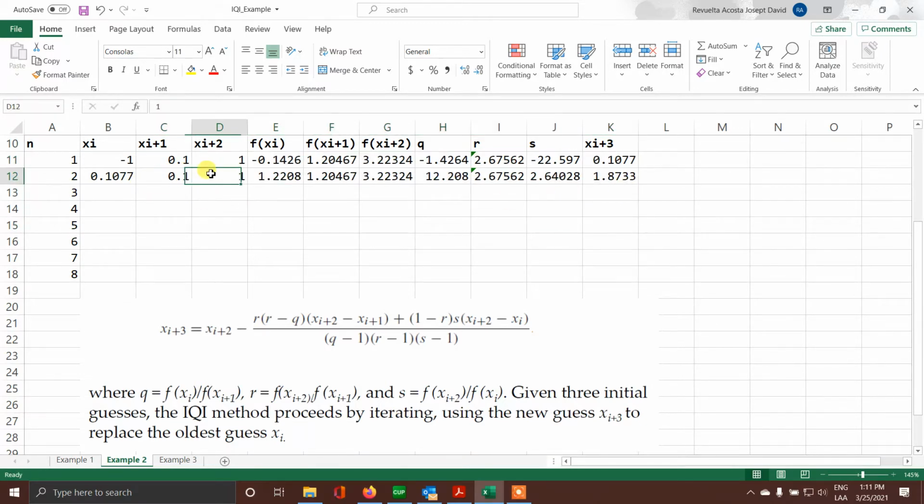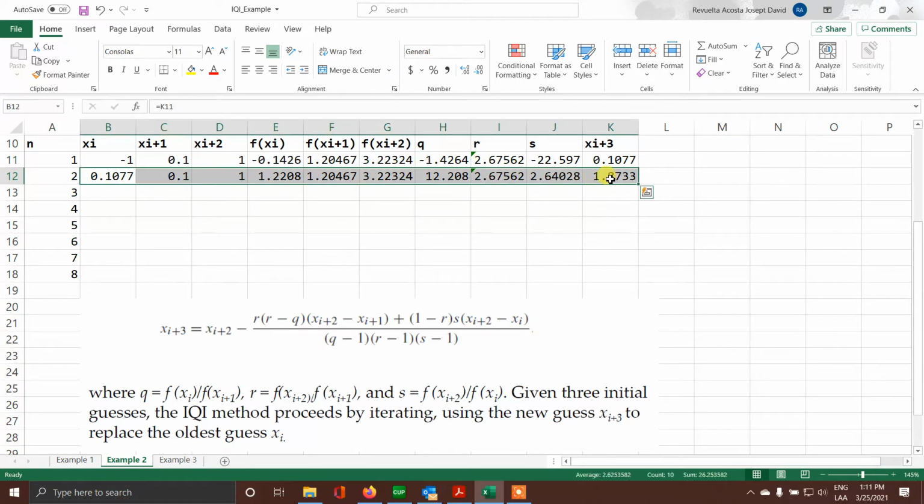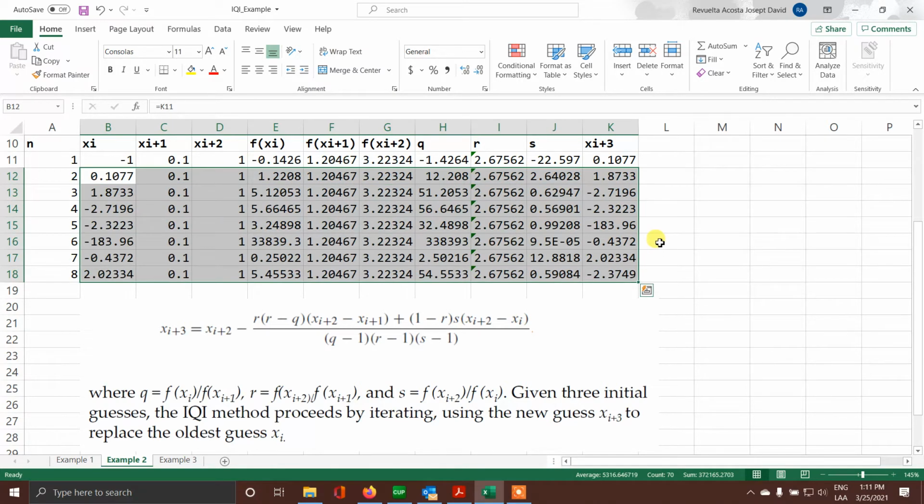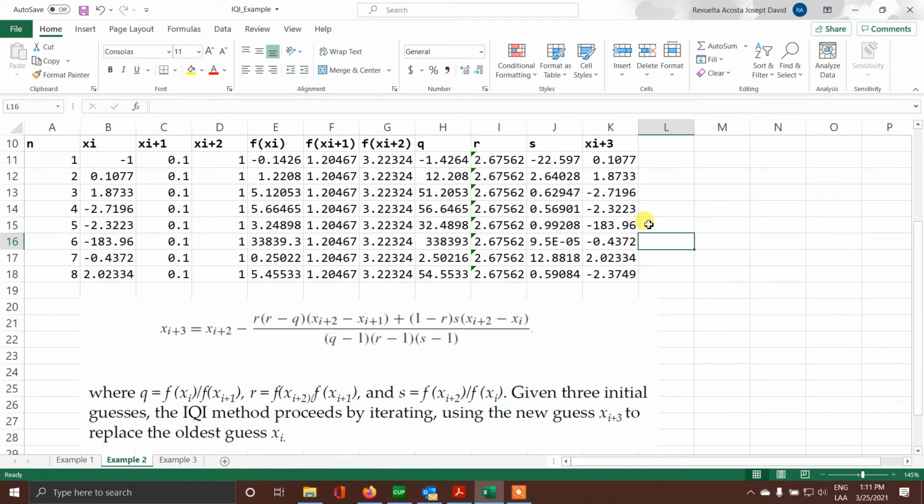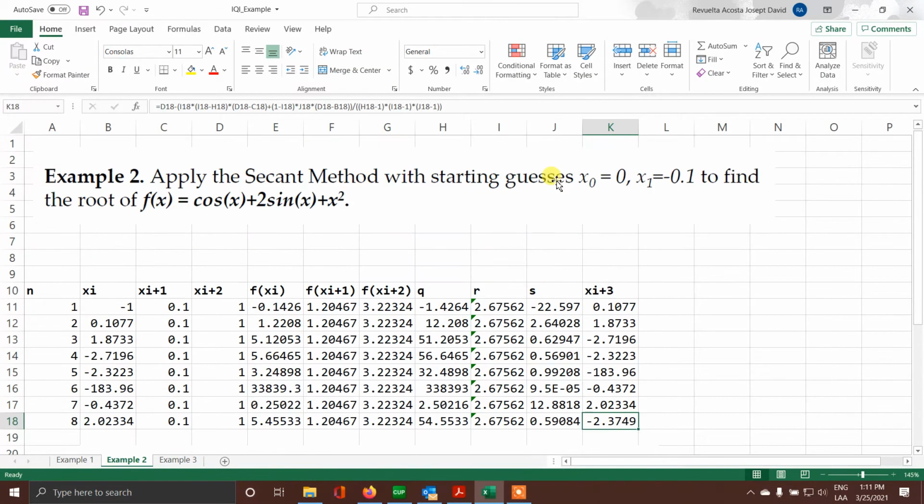If you remember the solution of this function, we just go to the secant example. For the cosine, the solution was minus 0.652, so minus 0.6592.